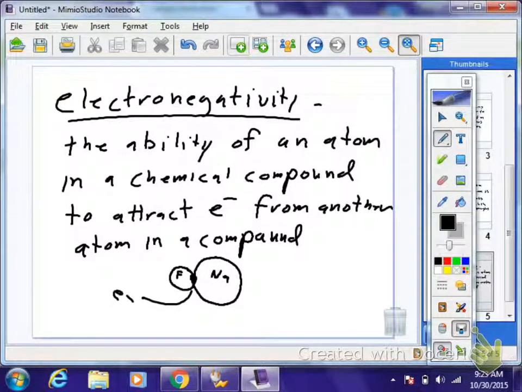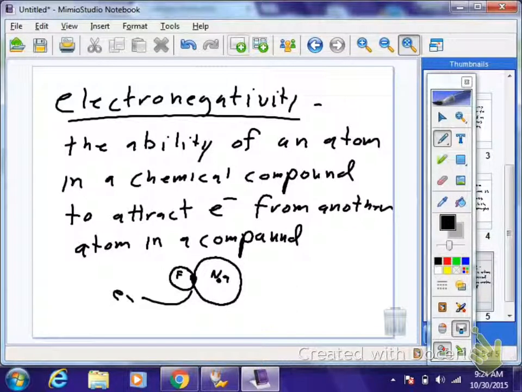Then you can tell me why you think fluorine has a 4 where sodium is like a 0.9. Look how close it is to the nucleus. Look how close that electron is in proximity to the nucleus versus the sodium and its nucleus. It's a proximity based upon the size of the atom.